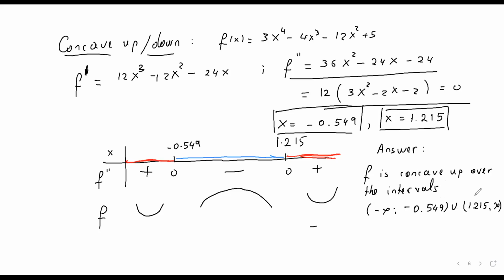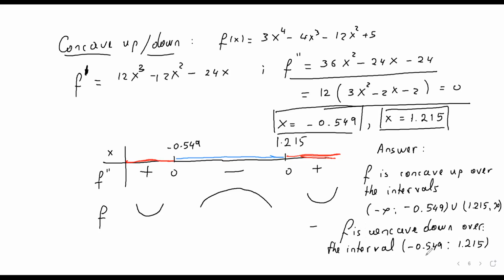So this is where the function is concave up, and then we say f is concave down over the interval negative 0.549 comma, or semicolon, 1.215. All right, so this is the interval where f is concave down.